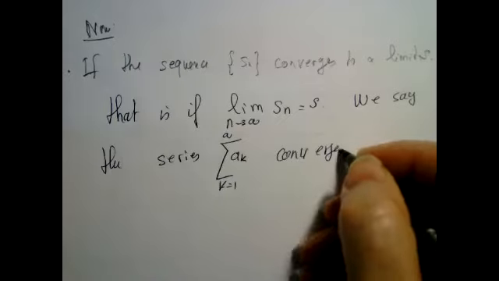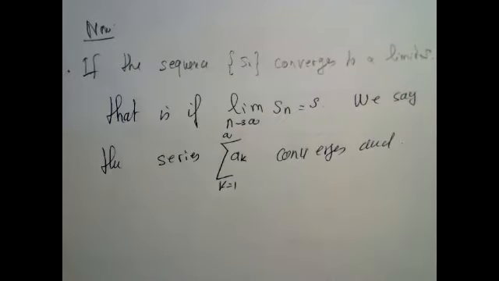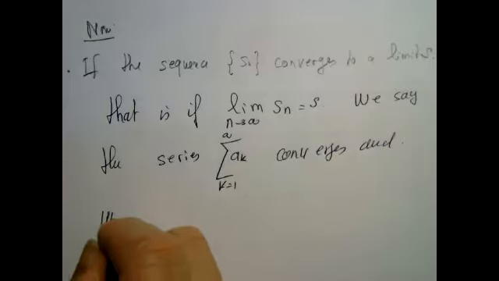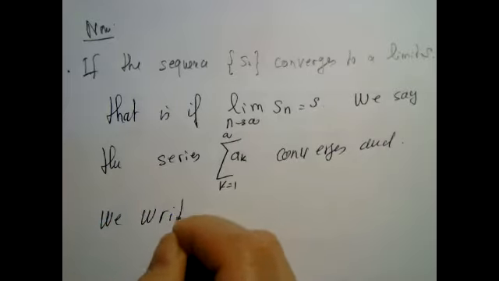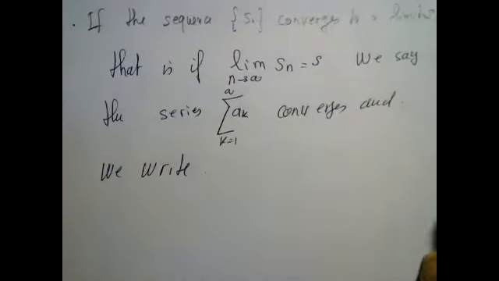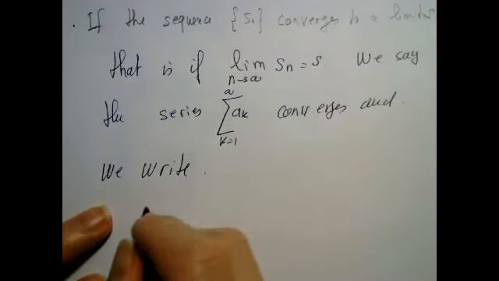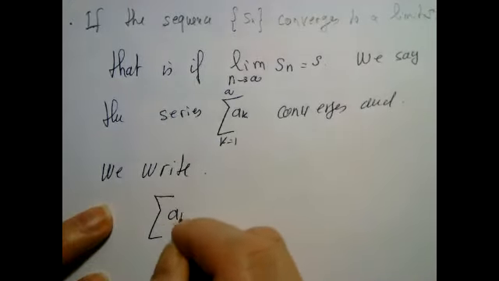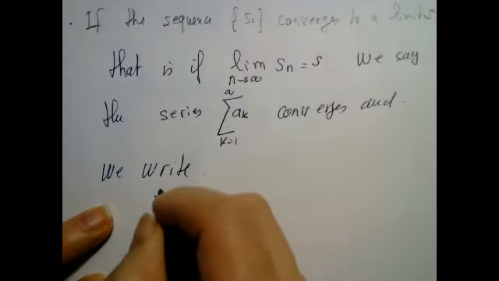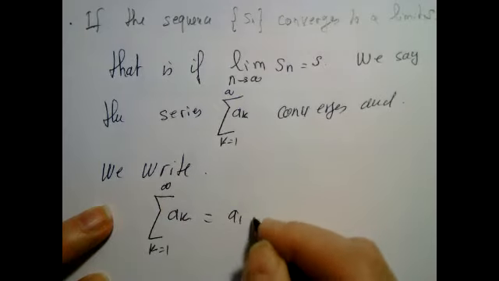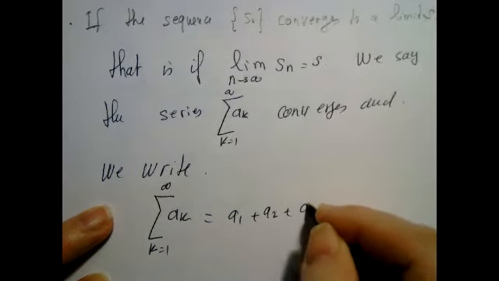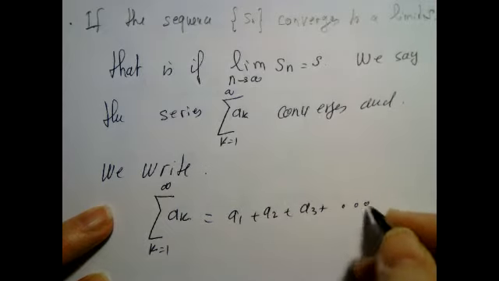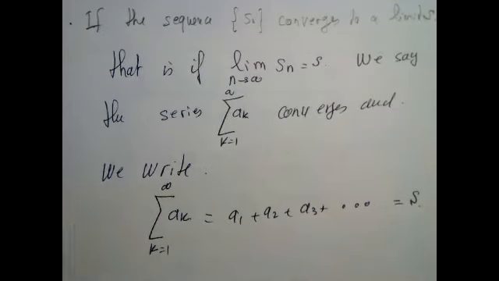So if the partial sums converge, we say that the series converges, and we write sigma ak, which means a1 plus a2 plus a3 plus etc., is equal to S. So the value of this infinite sum is actually the limit of the sequence of partial sums.